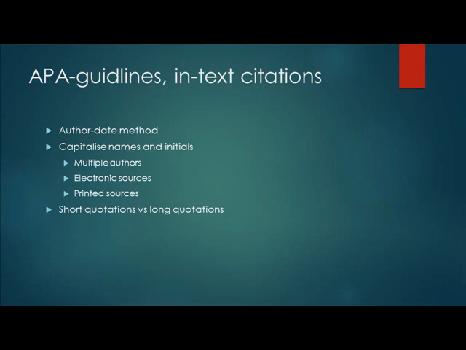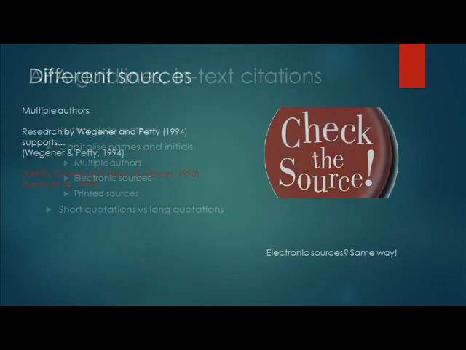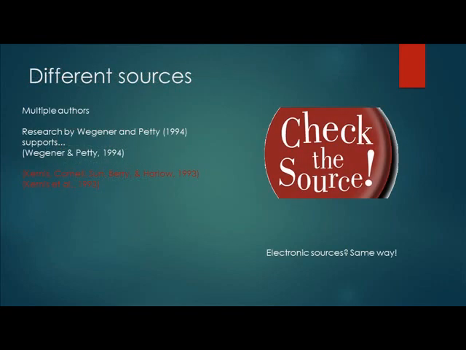So now we're moving on to some examples here. And we will start by looking at different types of sources. So I could go on and on about how to do this in detail, and there are some people who would say that I'm doing this way too short. But this is what I require from you now. So basically, in a text, you will write like this.